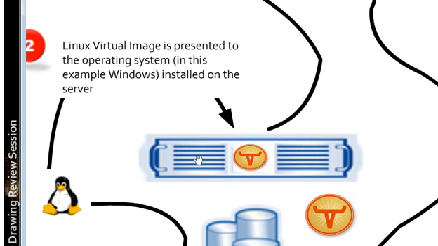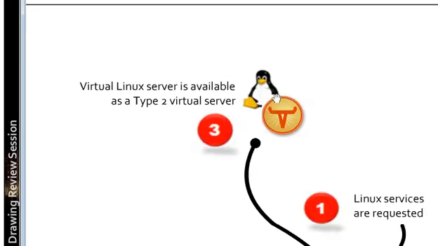So I could literally boot the server to Windows 2008, and then find an icon on there that says Linux. I would select that Linux icon, that virtual machine would fire up, and boom, that customer would receive virtual service for Linux. So that's the difference between Type 1 and Type 2 virtualization.